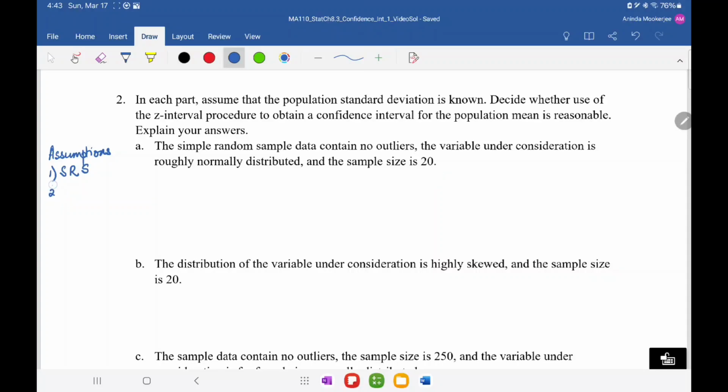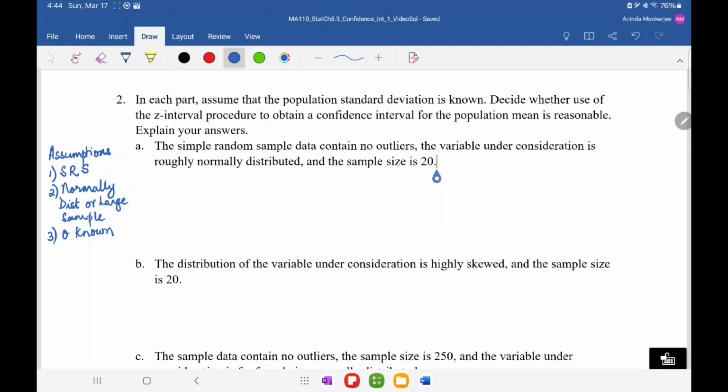Number 2 says the variable must be normally distributed. So it should be a normally distributed variable, or it must be from a large sample. All right, or a large sample must be used. And number 3 says the population standard deviation must be known. If all these conditions are satisfied, we can go ahead and apply the z-interval procedure.